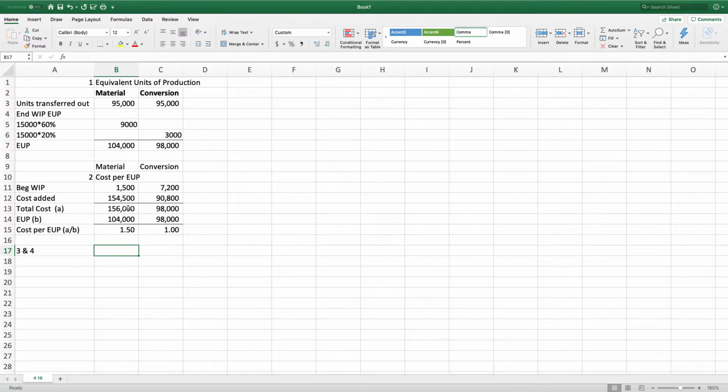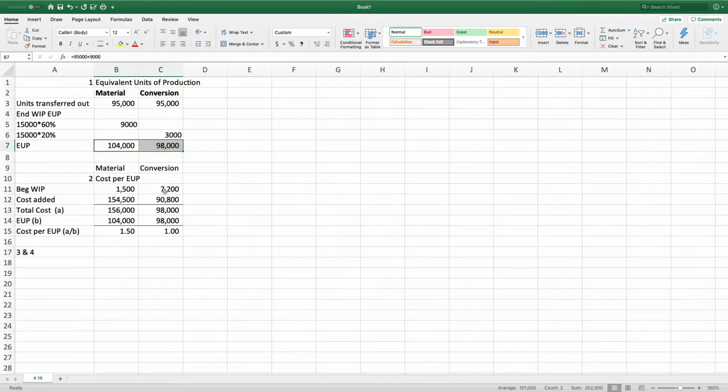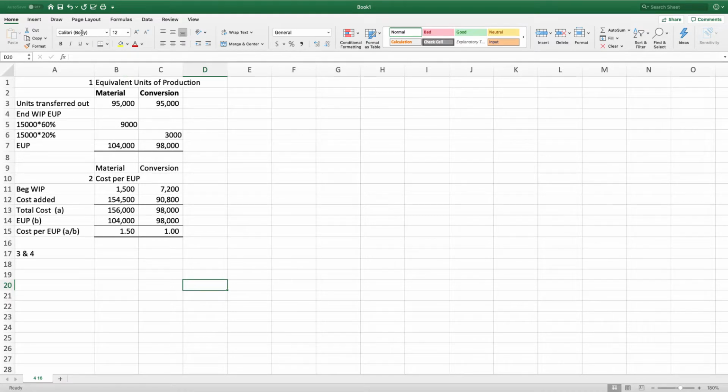Okay? Oh, by the way, if you're using Excel, whenever you get an answer, do me a favor, give me a double underline border. In the ribbon, right underneath where the font is, we have bold, italics, underline.